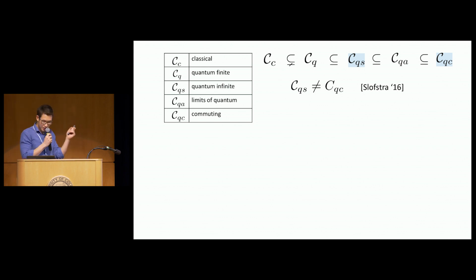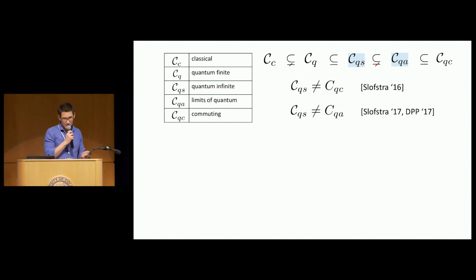And this was presented at QIP, I think 2 years ago. And then William Slofstra was kind enough to strengthen this result to CQS not equal to CQA. And this shows that the set of quantum correlations in the tensor product model is not closed. There was another proof of this result later that year by Dykema, Paulsen, and Prakash, which had much smaller question and answer sets.